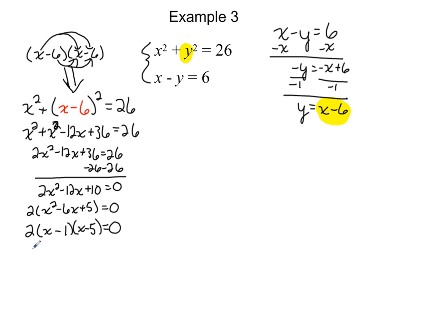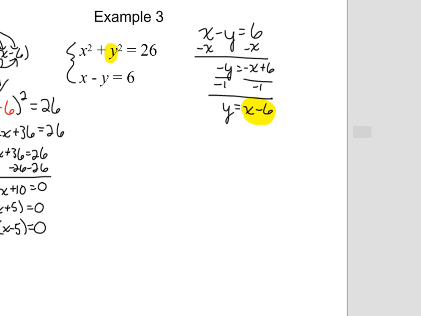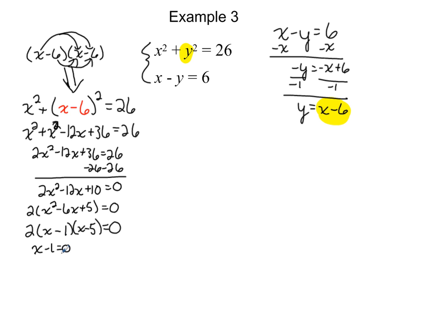So we've got either x minus 1 is equal to 0, or x minus 5 is equal to 0. So either x is 1 or x is 5.